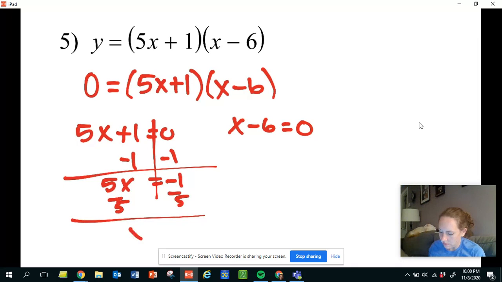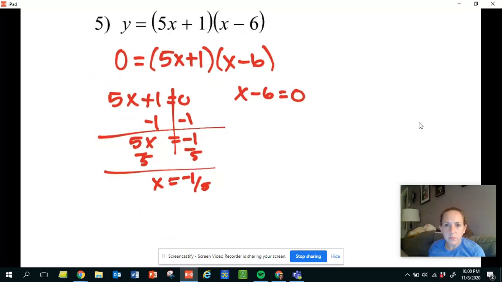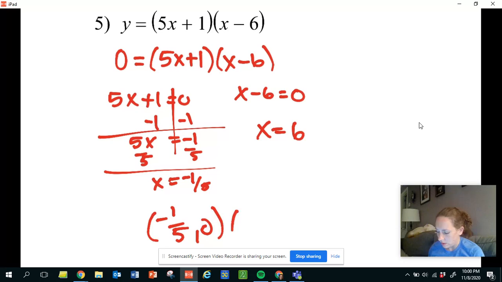Divide both sides by 5 and I get x equals negative 1/5. Cool. Here, it's a one-step equation. I would add 6 to both sides. So you're essentially just flipping the sign. So my 2 x-intercepts are the points negative 1/5, 0, and 6, 0.